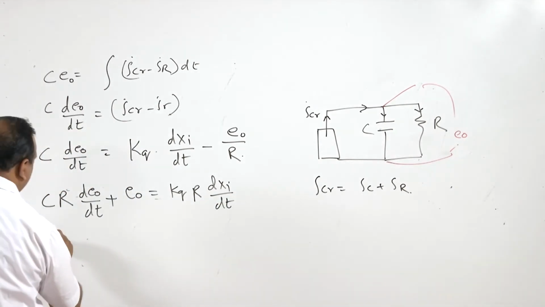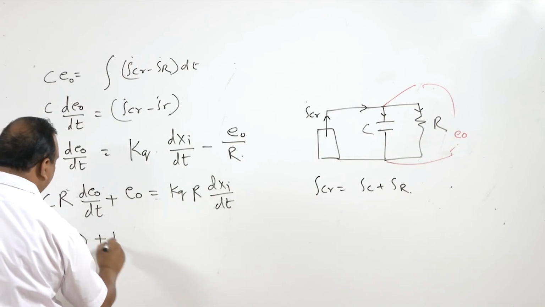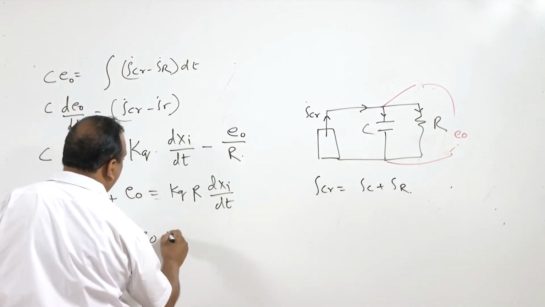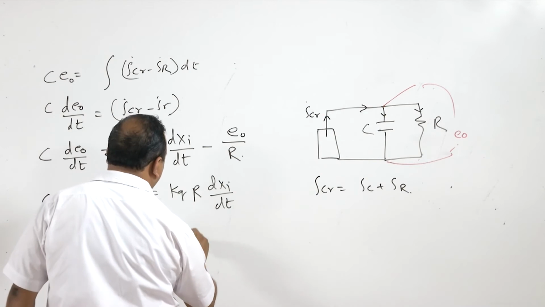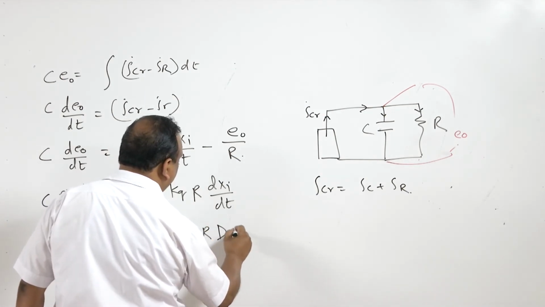Now this CR or RC, so we can write this as lambda D plus 1 EO is equal to KQ R dxi, right?